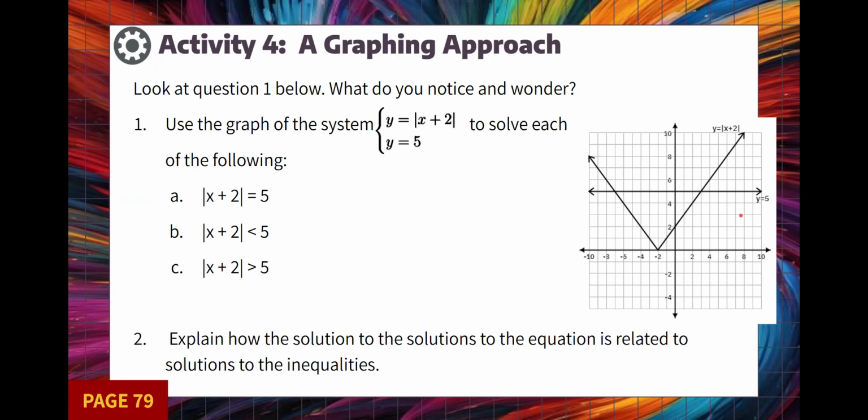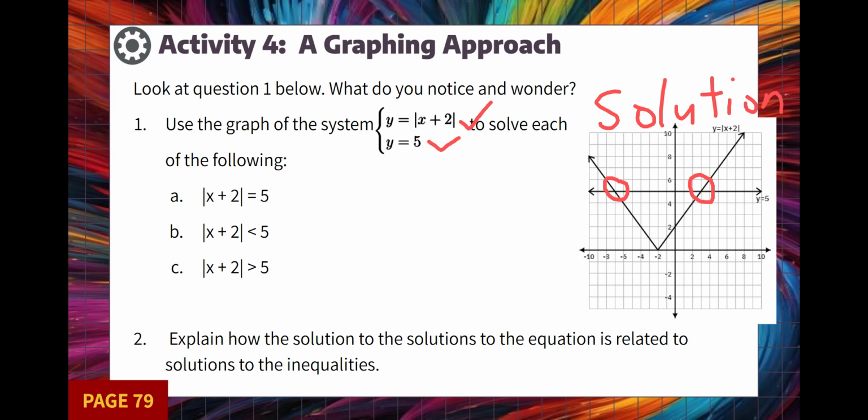And this is your graph for y equals 5. So here, there is an intersection. If there is an intersection, those are what you call solutions. Since there are two equations involved, this is the first one and this is the second one, what you're really looking for are their intersections.